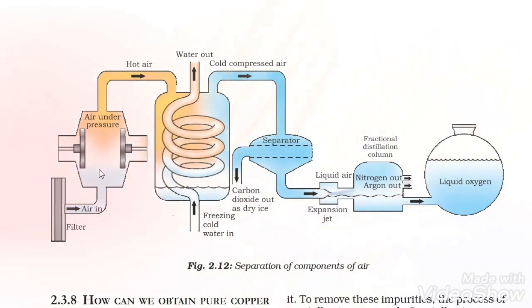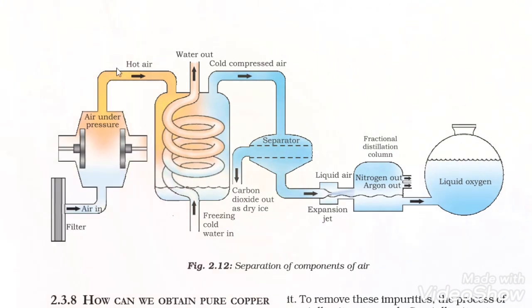Now the question arises, why does air become heated on compression? The molecules of air collide with each other randomly, and the collisions become faster than in the usual condition, and they produce more energy in the form of heat, and that's why the air becomes hotter.